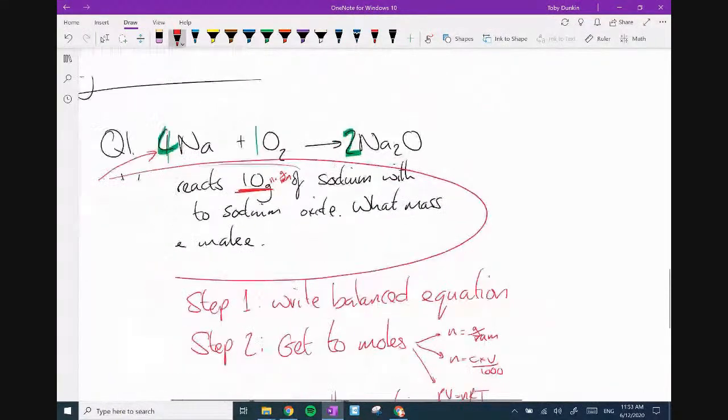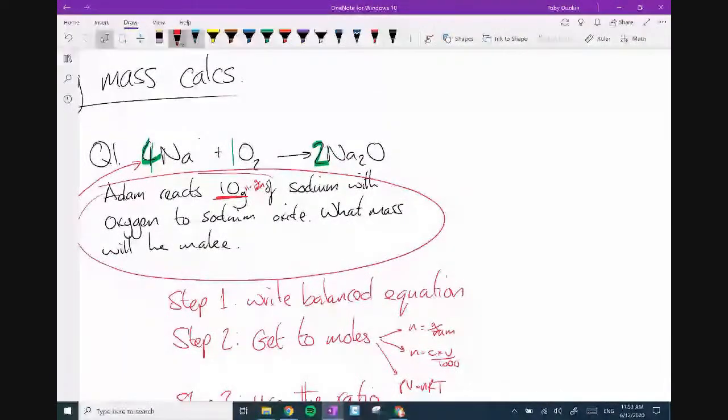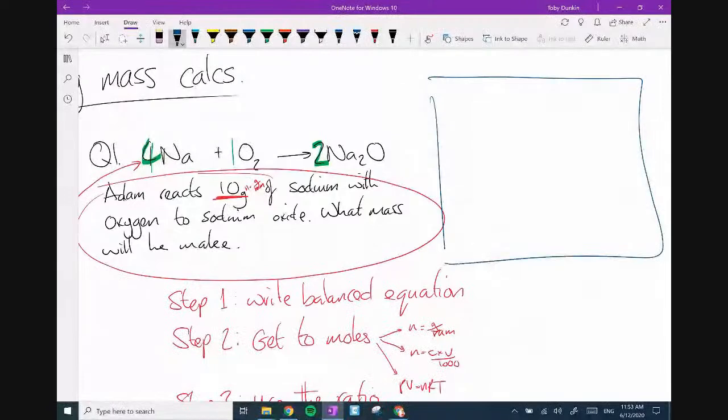I'm going to run all those steps in this tiny space next door. I'm going to do it in blue. I'm going to run all of those steps right here. So step number 1 has already been done for me because it's GCSE. Step 2, get to moles. So step 1, I'm just going to go S1, done.